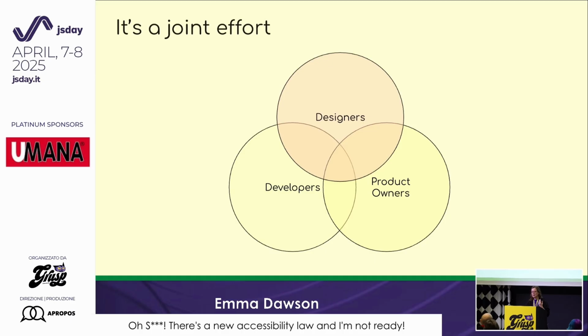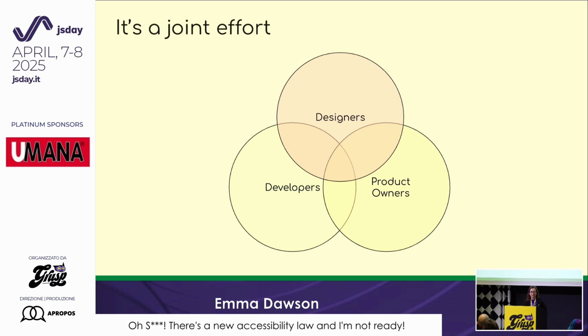You're also going to need your product owners to be on board. And although a lot of accessibility isn't more costly than doing it in an inaccessible way, some of it does take more time and will require that someone says, yes, okay, go ahead and we'll give you the extra money that it costs to make it accessible in the beginning.